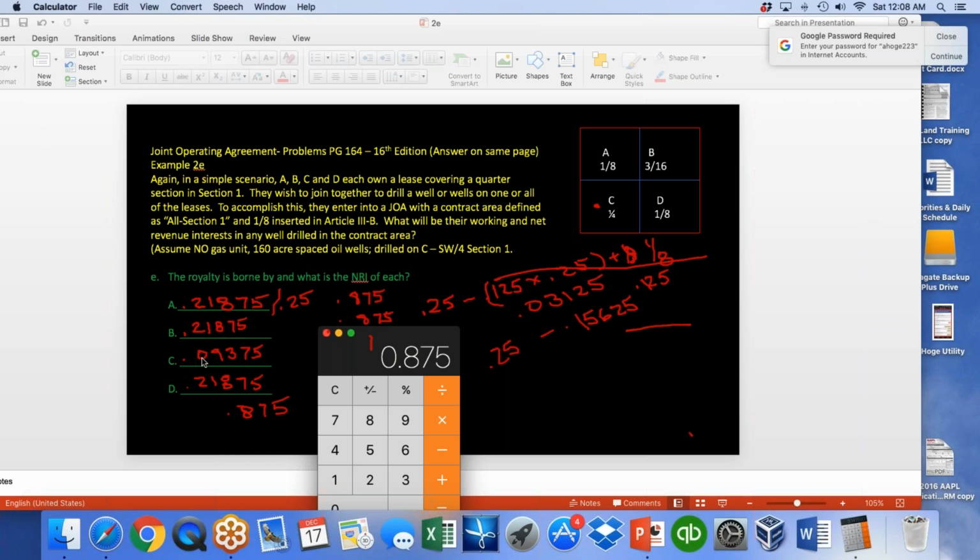Okay, but what about C? Well, let's do that one. C's is going to be 0.09375 divided by 0.25.